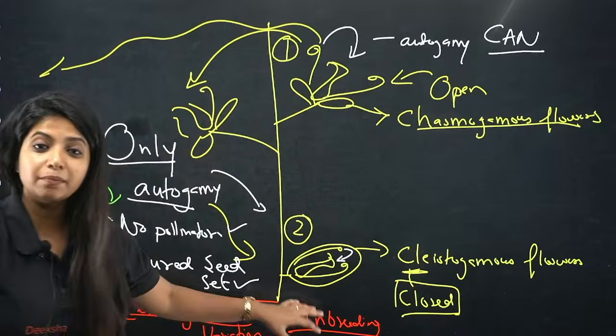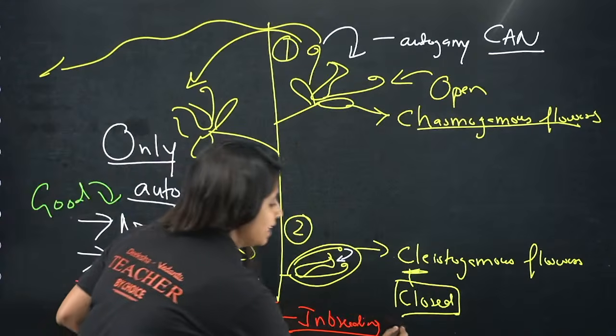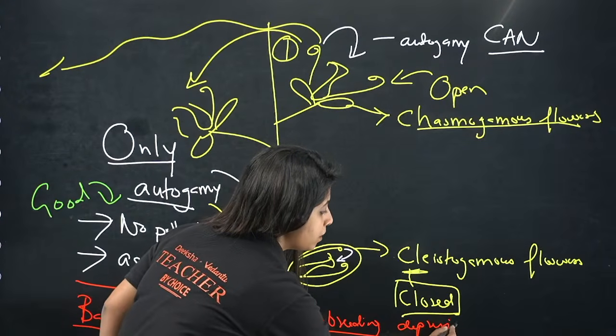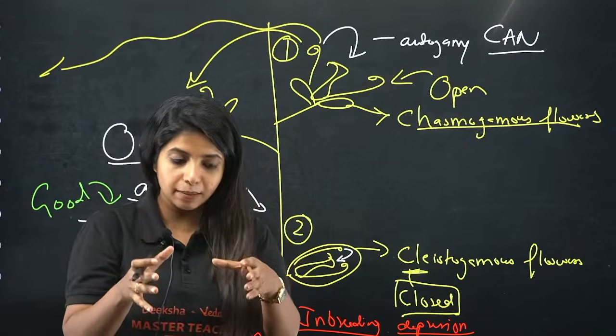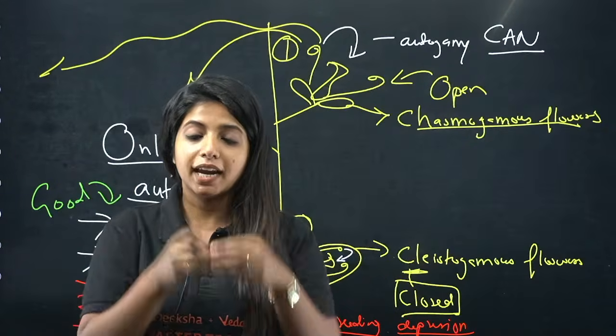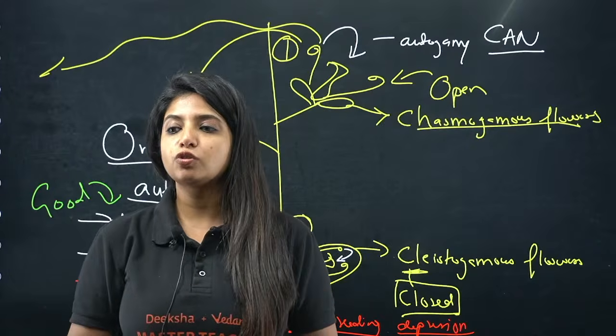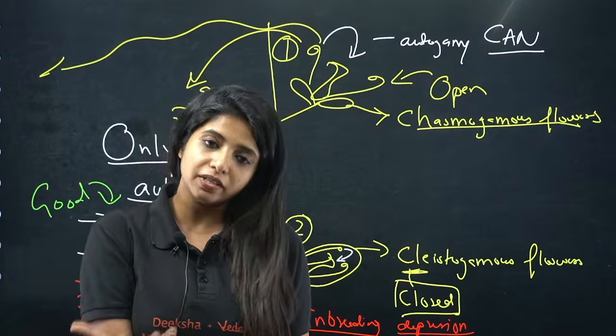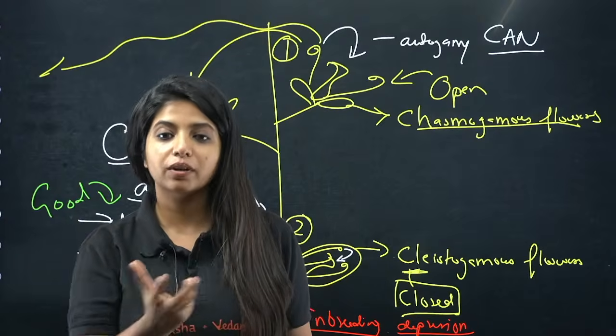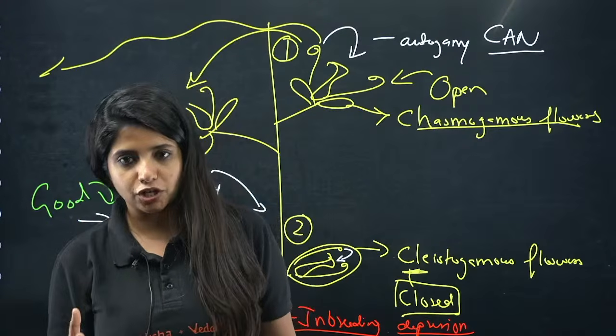And a lot of inbreeding leads to depression, which you call inbreeding depression. What do you mean by inbreeding depression? It's basically nothing. Inbreeding depression means if the same type of things come back again and again, it is going to make progenies weaker, and they may not even survive, which is why we call this particular thing inbreeding depression.